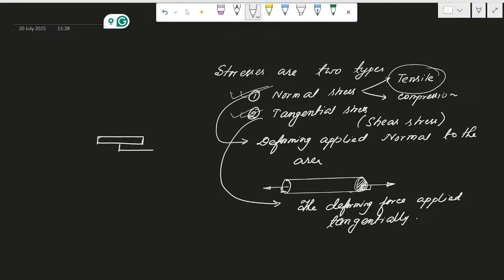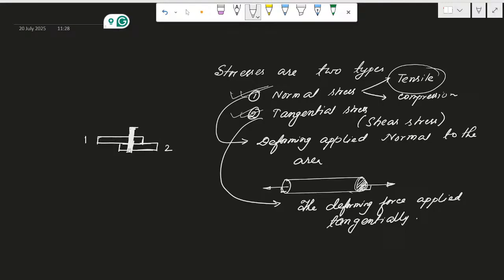See here, you can see two objects that are riveted. Riveted means one nut-bolt type of thing has joined these two plates. Suppose this is plate 1 and this is plate 2, and here you have some joining thing that clipped both of them in this way.